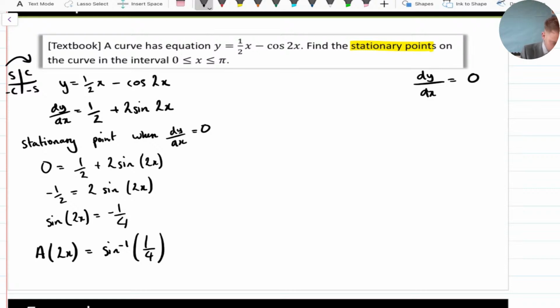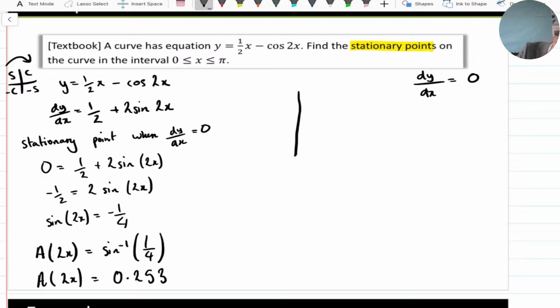So shift setup, radians. So shift sine to the minus 1 of 0.25, which is equal to 0.253. Just going to check that. So my acute 2x is equal to 0.253 to 3 decimal places.